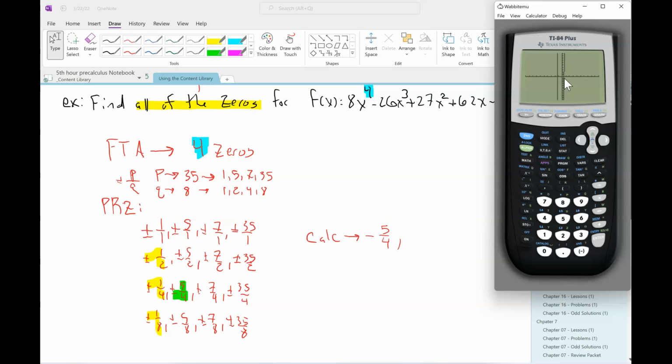Landon? The last one, when you're looking for the one past -1, like -5/4, it's the closest to -1 without going a lot over it. Yeah.